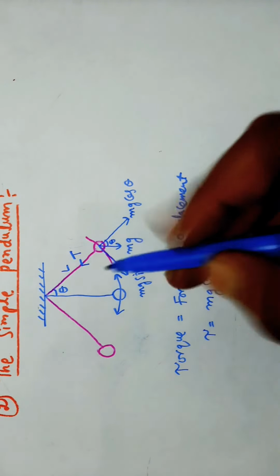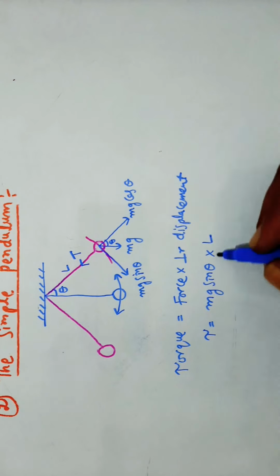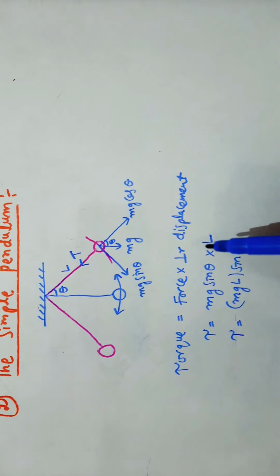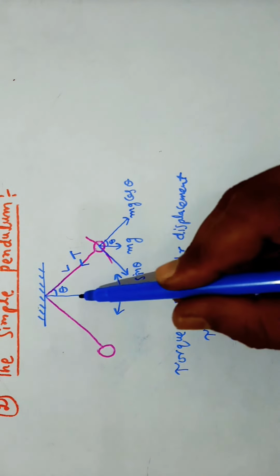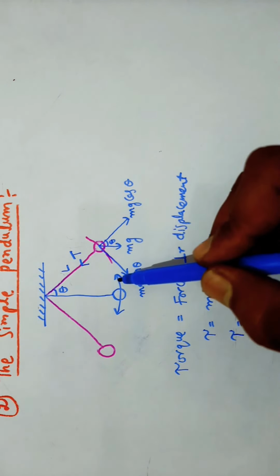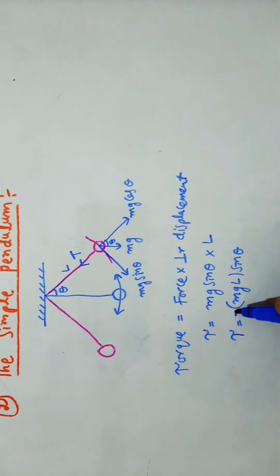Here the perpendicular distance is the length, so it can be written as mgl sin theta. Here also, the restoring torque is always opposite to the angular displacement. The angular displacement is in this direction, the torque is in this direction, so we have to put a minus sign. Let us take this as equation 1.